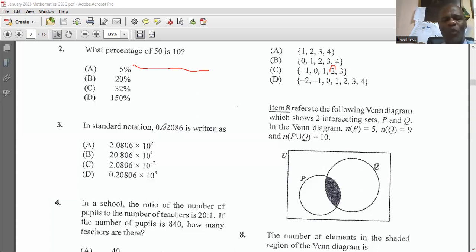But in this case, we are moving the decimal point to the right. We're moving it to the right, 1, 2 places, and so our power is going to be negative, all right? And so let's look for what we have with a negative power. So it's not A, right? It's not B, because the powers are positive.